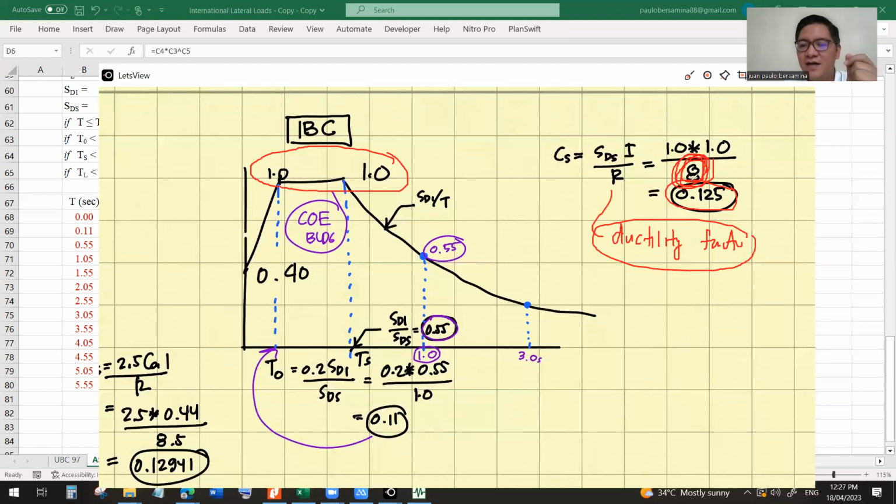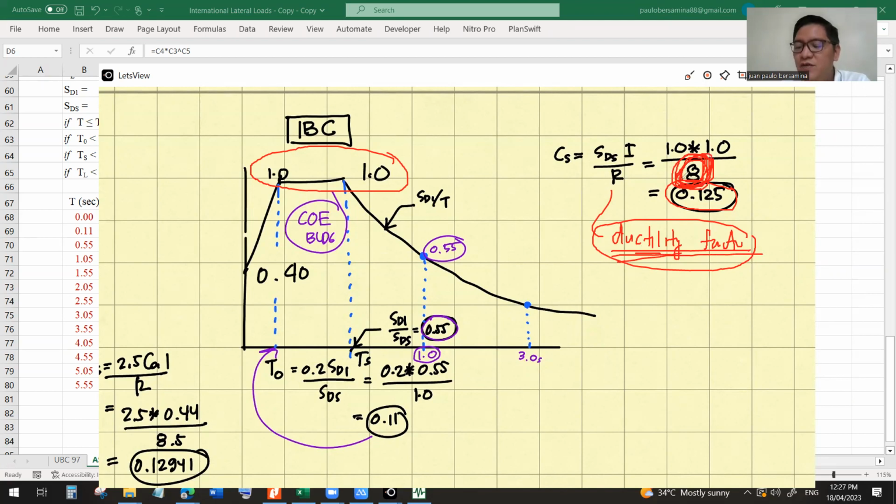We have a separate discussion that parang ang concept ni code is ang design-based earthquake naman natin is once every 500 years. Ang lifespan naman ng structure, di ba? Hindi naman tatagal ng 500 years. So we incorporate this R value, the ductility factor. Ensure na ductile yung structure mo.